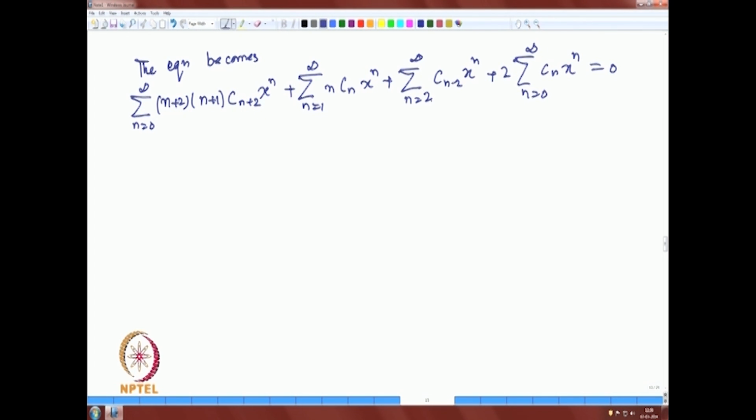So, the other terms we can separate out. For example, the first term, the cases n equals 0 and n equals 1 can be separated out.